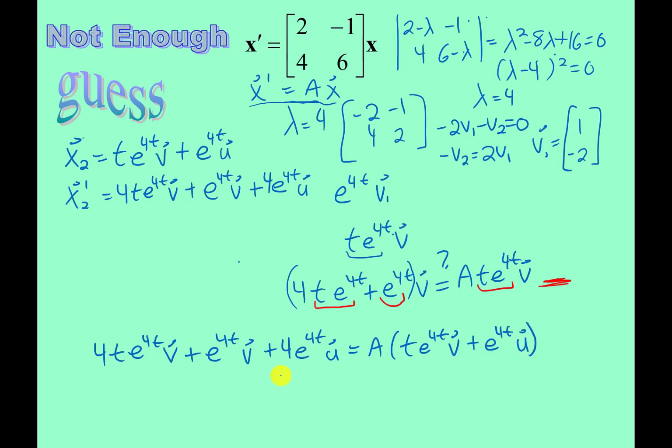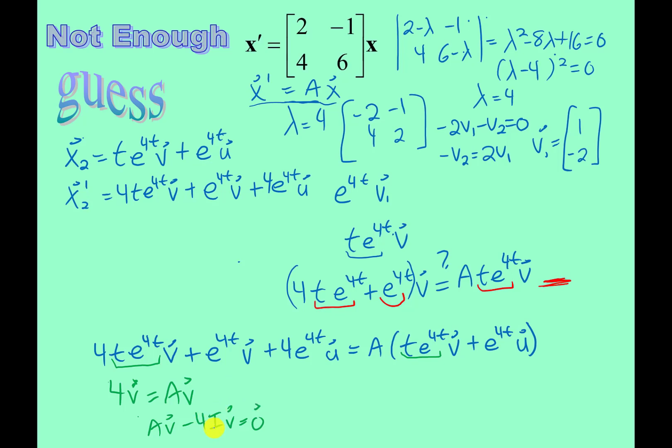And now let's equate coefficients. So looking at our t e to the 4t terms, it looks like I have 4 times the eigenvector. That would have to equal A times the eigenvector. I would have Av minus 4Iv equals 0.